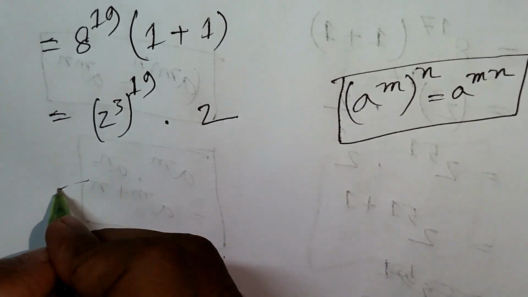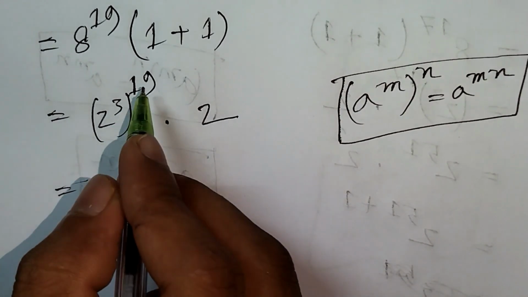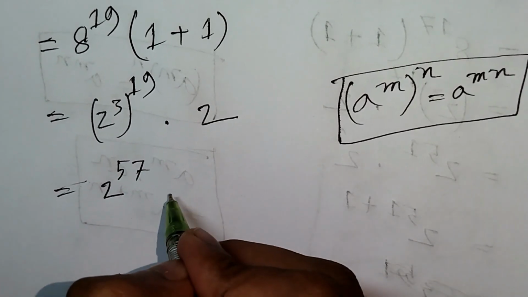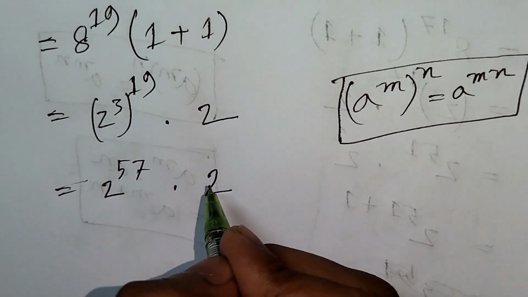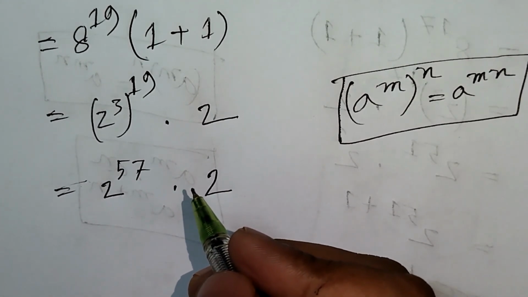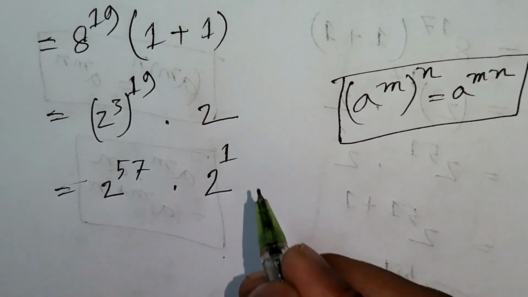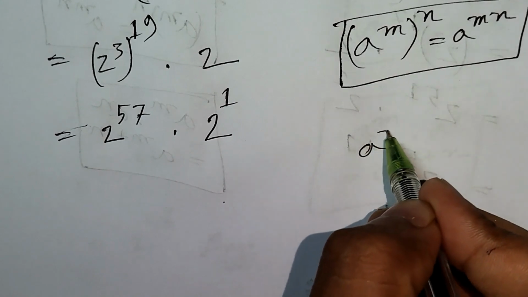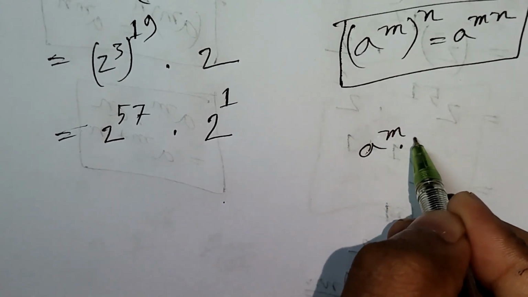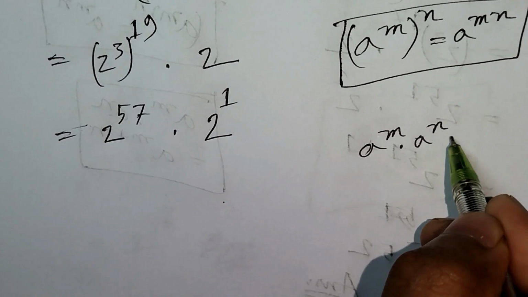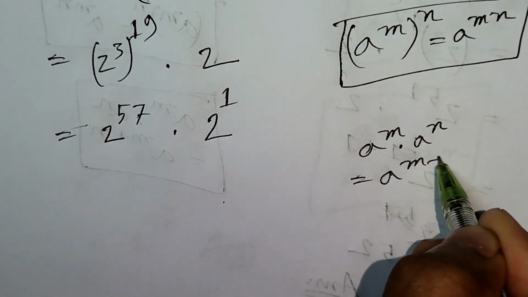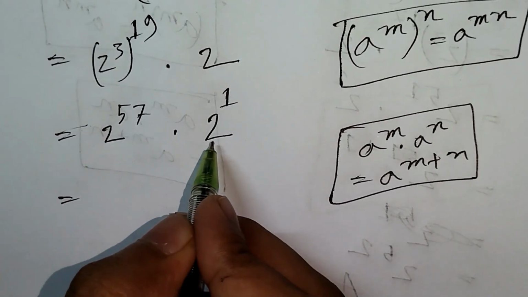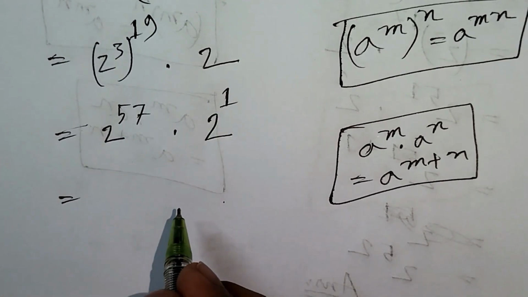So we can write here 2^(3 times 19), that means 2^57, times 2, and that 2 is the same as 2^1. According to the rule that a^m times a^n is equal to a^(m+n), so we can write here 2 common but different powers.